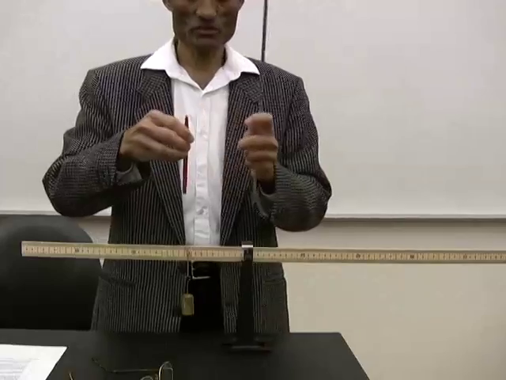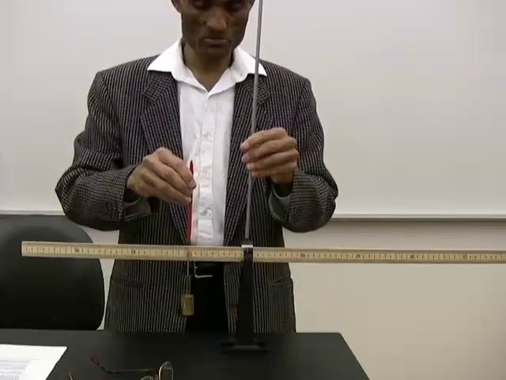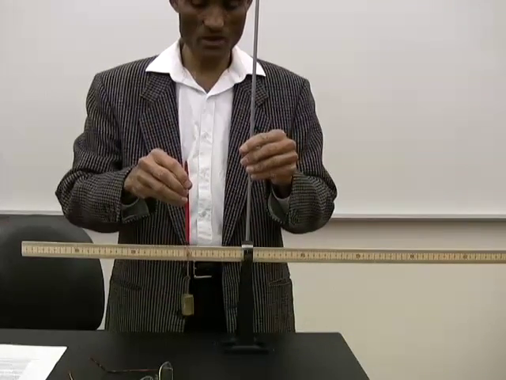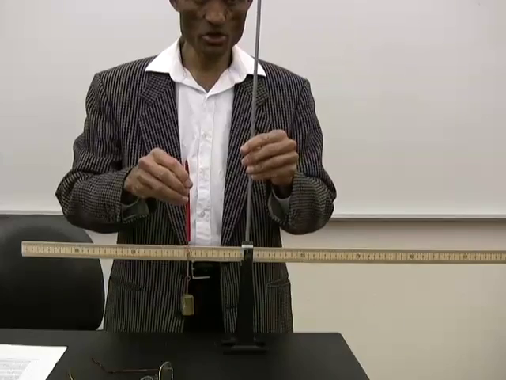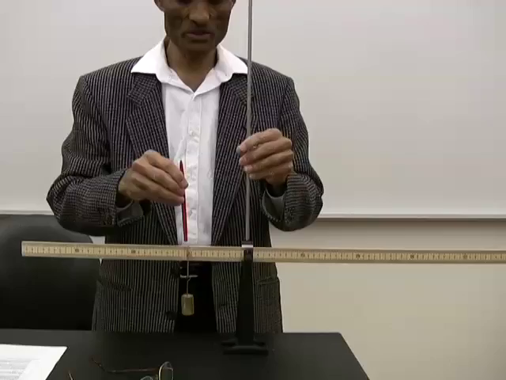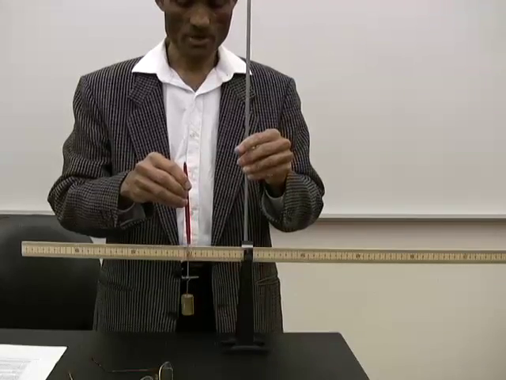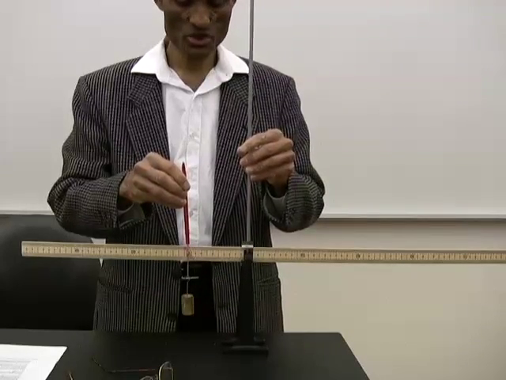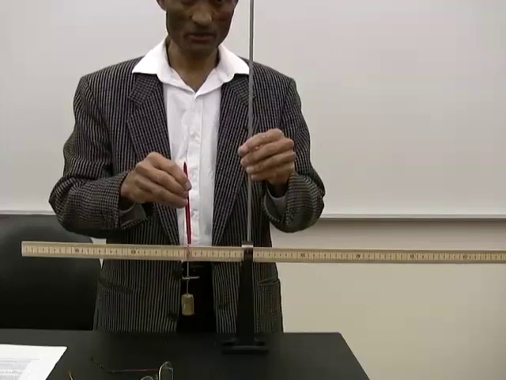So this is the distance X. I want you to measure this distance now. Remember, all the distances you measure must be multiplied by the conversion factor. Alright, measure this distance. That is your first X.